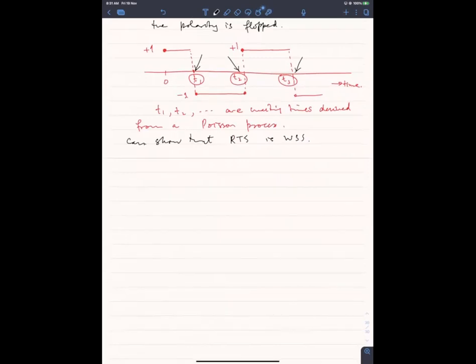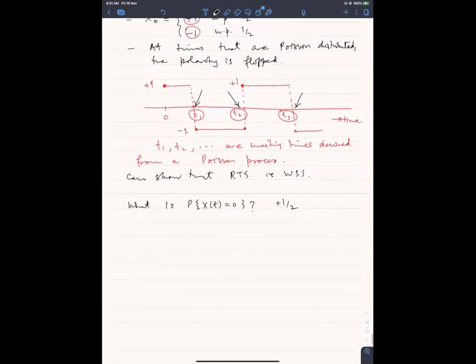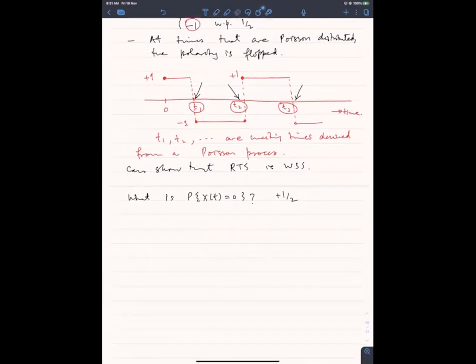कैसे शो करते हैं? सबसे पहले तो what is the probability x of t is equal to 0? ये भी हमने बताया कि the probability x of t is equal to 0 is 0 तो ये हो नहीं सकता.